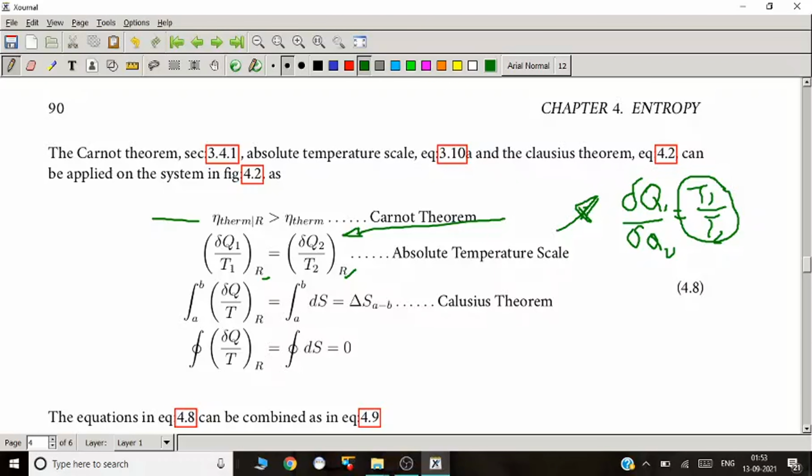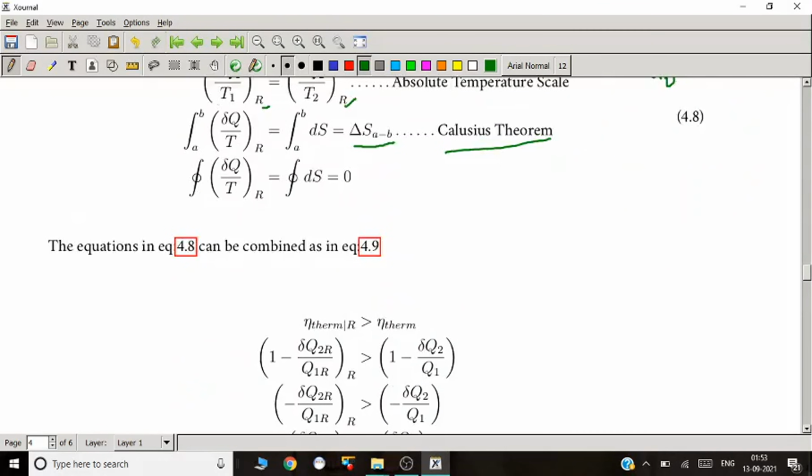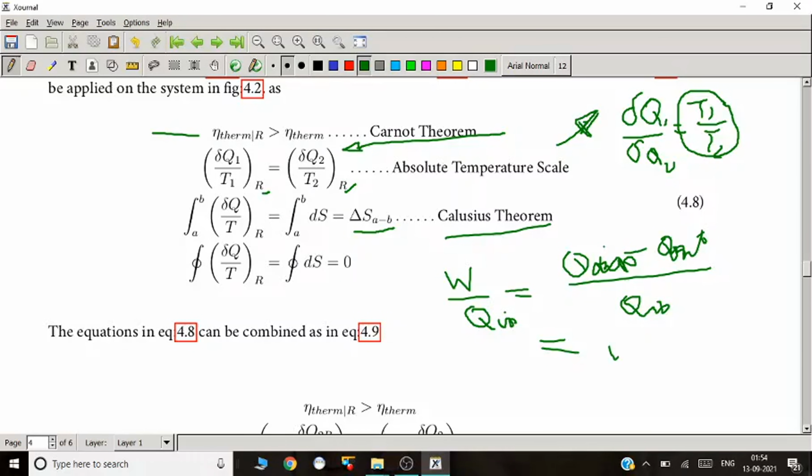We know this, and we know from Clausius theorem that we had defined entropy. So we'll apply these things. We'll first take the efficiency term. Efficiency can be written as the work done W by the heat input Q in. The work done is obviously Q in minus Q out, divided by Q in. So this gives 1 minus Q out by Q in.